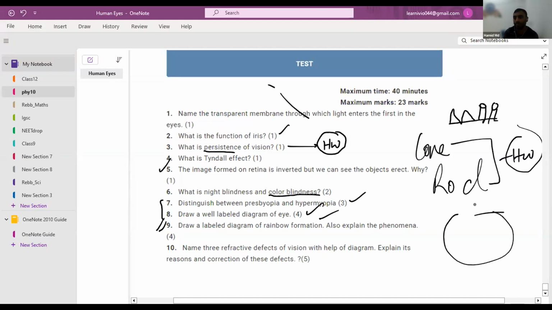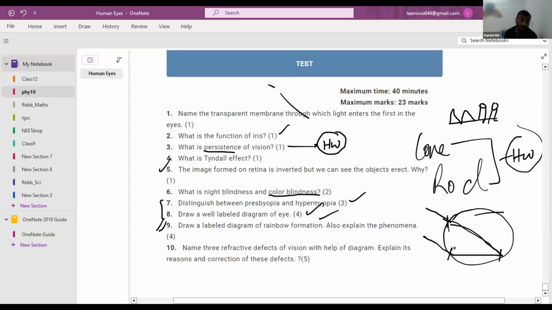Remember, this is the water drop. So light comes, then here it will hit, and it will hit again, and then it will come back. So refraction, reflection, refraction.